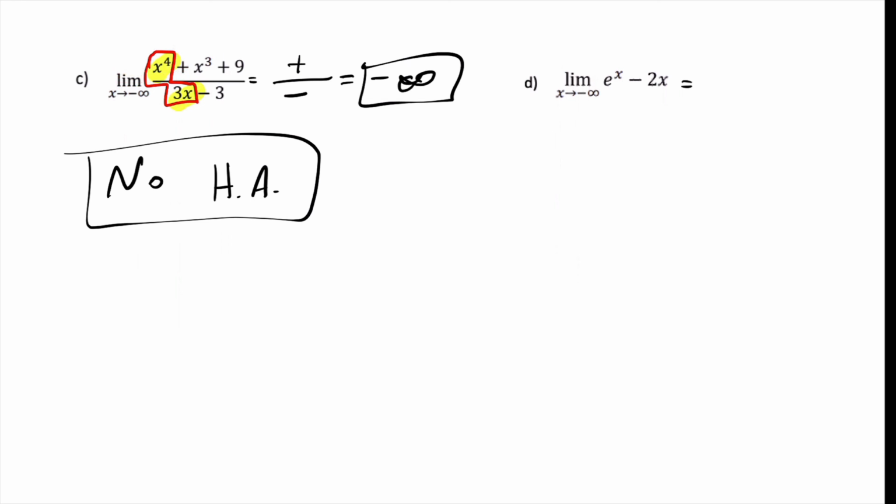Okay. Last one. Last one's a little tricky. It's not really tricky, it's just different, right? There is no denominator. It's just top. So it's going to be top heavy, right? Because if the bottom is just 1, it's top heavy.